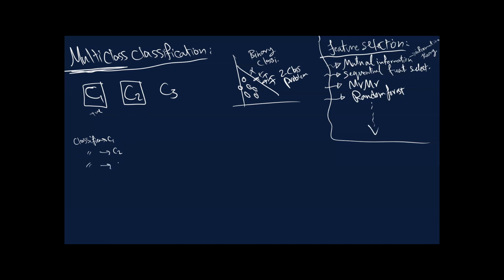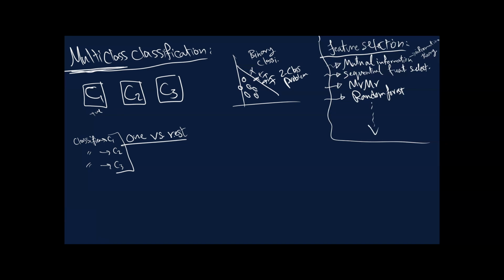And a third classifier that considers C3 as positive and C1 and C2 as negative. Okay. We say that this procedure of building multiple classifiers like that is one versus rest. Okay, that's one versus rest classification.